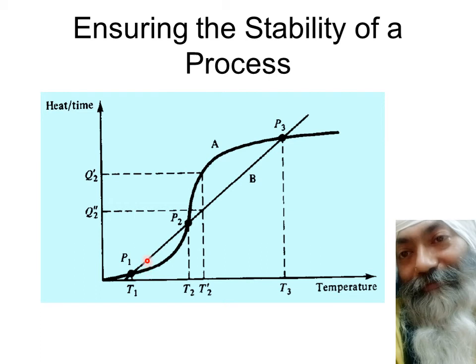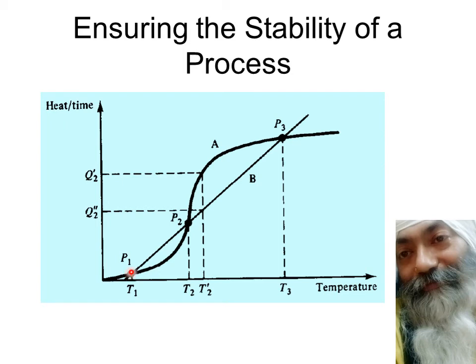Heat absorbed is more and heat released is less, so the temperature will again fall down to T1. And the same is the case vice versa. If it goes down, then again you can see that heat released is more and heat absorbed is less, so it's again going to come back to T1.